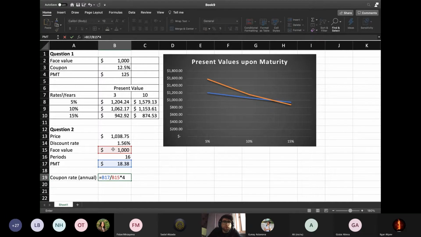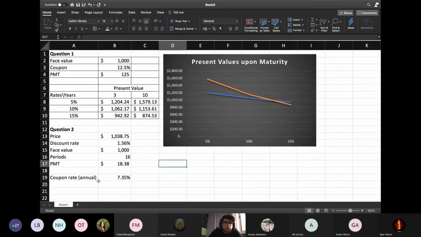Why 4? Because the payment we found here is the quarterly payment. So we should simply multiply by 4 in order to find the annual coupon rate. So this is our annual coupon rate.